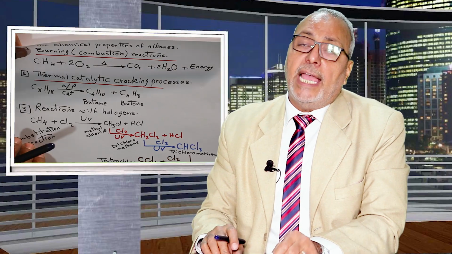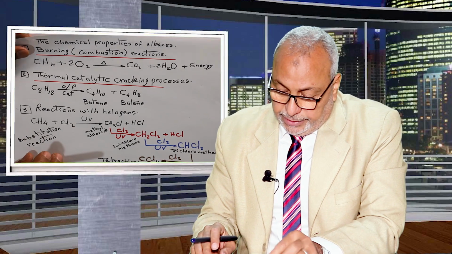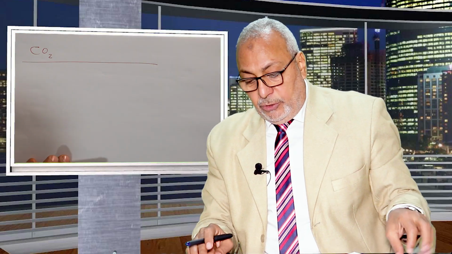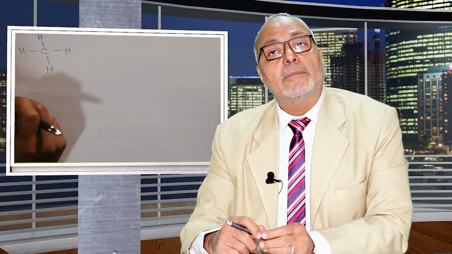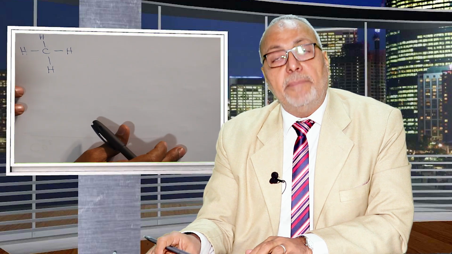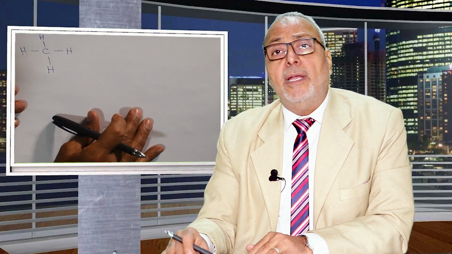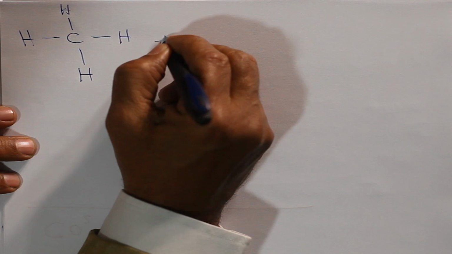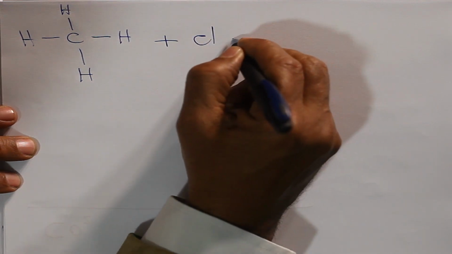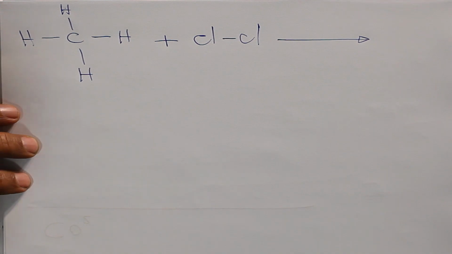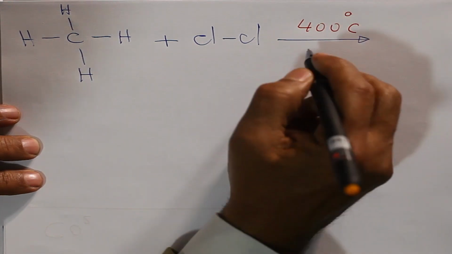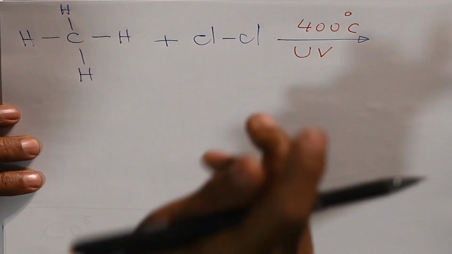Another reaction is with halogens. Reaction with halogen: methane CH4, an alkane, is nonpolar, and all bonds are of sigma type, difficult to break. If we want to react it with chlorine, we need a very high amount of energy, 400 degrees, or the presence of UV.